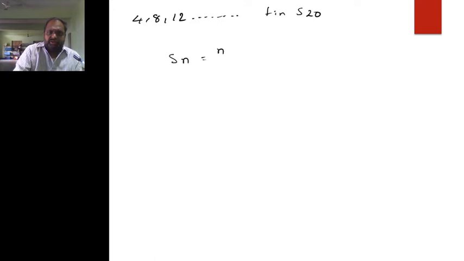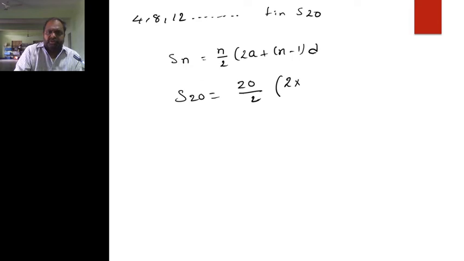Sn is equal to n by 2 into 2a plus n minus 1 into d. That is equal to, n means S20, n means 20 by 2 into 2 into what is the first term? 4 plus n minus 1, that means 20 minus 1 into d means 4. Okay.